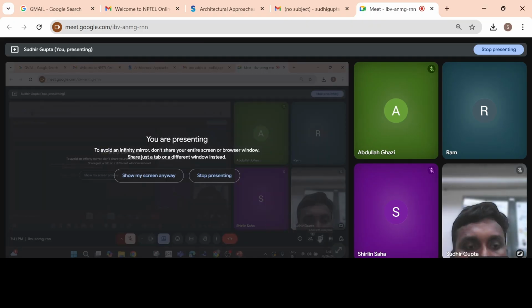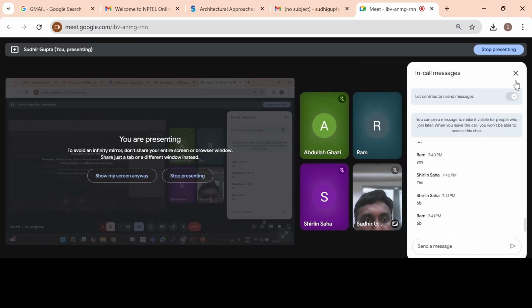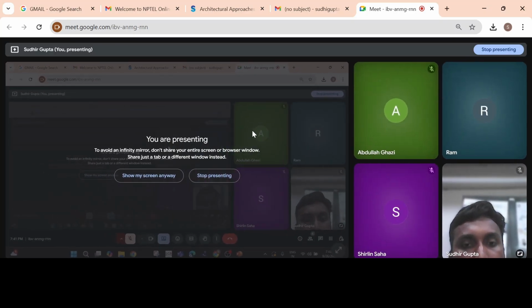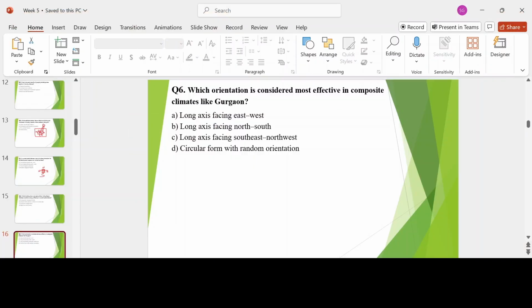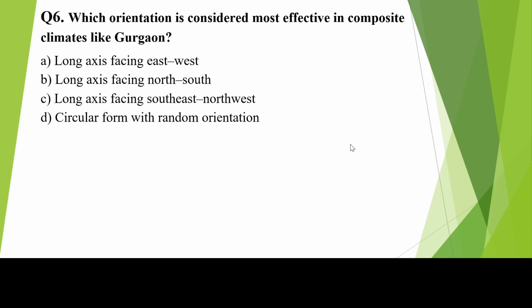Let's see, many of you have understood it clearly. Yes, as I can see, most of you have answered 6B, and 6B is the correct answer for this question number 6. So the long axis facing the north-south direction is the most effective way in composite climate conditions like Gurgaon.